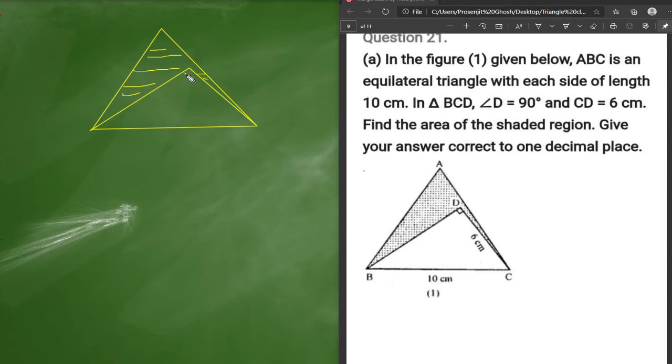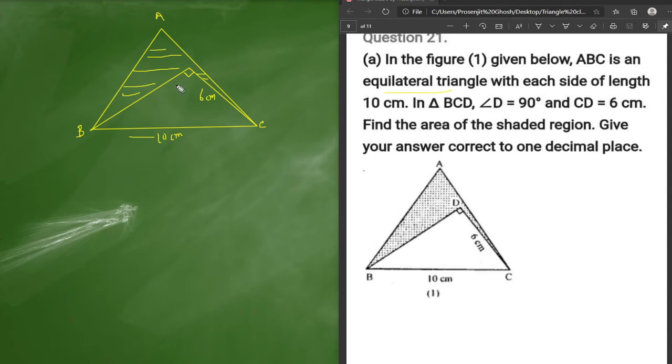A few more measurements are given: this one is 6 centimeter, the base is 10 centimeter, and this bigger triangle is described as equilateral. That is all we got over here. Finally, you need to find the area of the shaded region.